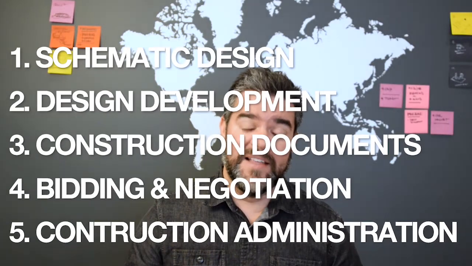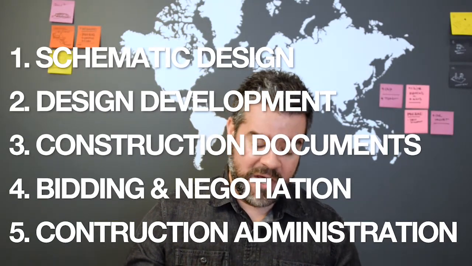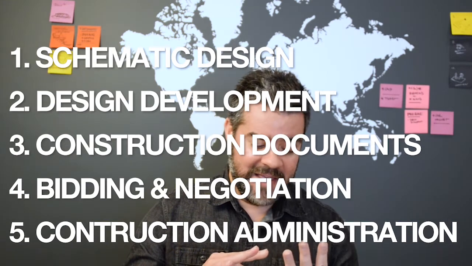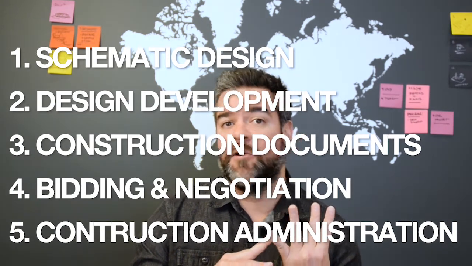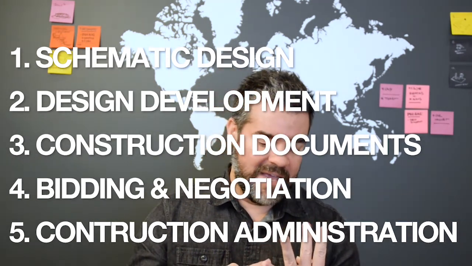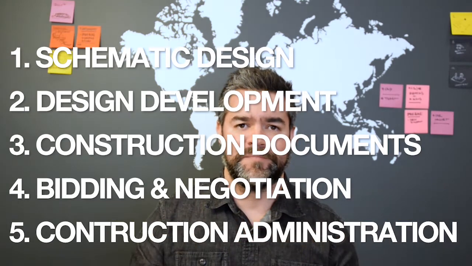And traditionally speaking, in the architecture industry, many architects have adopted the recommended national standards that follow 5 phases of design. And these are schematic design, design development, construction documents, bidding and negotiation phase, and then construction administration.